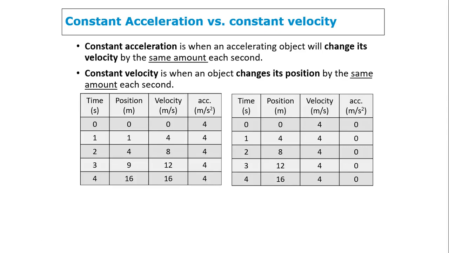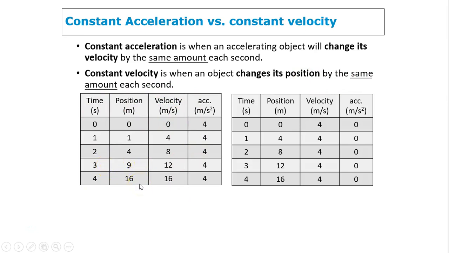Constant acceleration versus constant velocity. Constant acceleration means the change in velocity has to be the same for each second. On the other hand, constant velocity means the change in position, or displacement, has to be the same for each second. Take a look at the graph on the left.